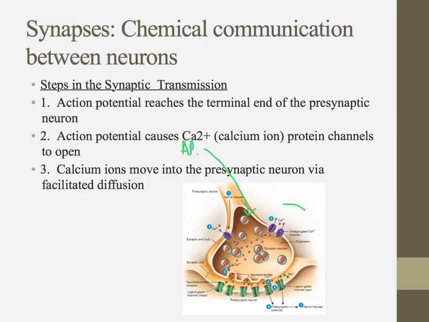Outside of our nerve cells, there's an abundance of calcium. So we have a high concentration on the outside and a low concentration on the inside. But ordinarily, the protein channels that let them through are closed. Well, this positivity from the action potential causes these guys to open. So calcium is going to diffuse into the cell.